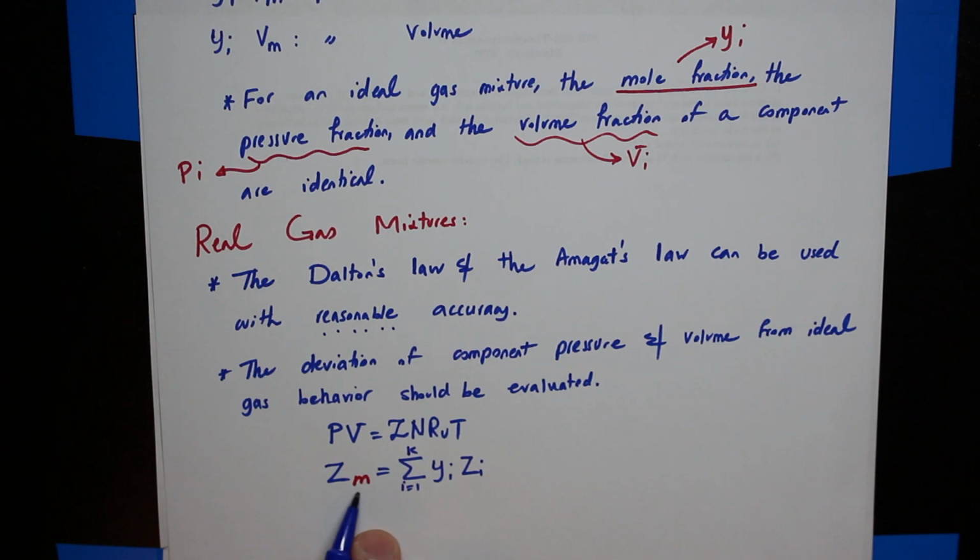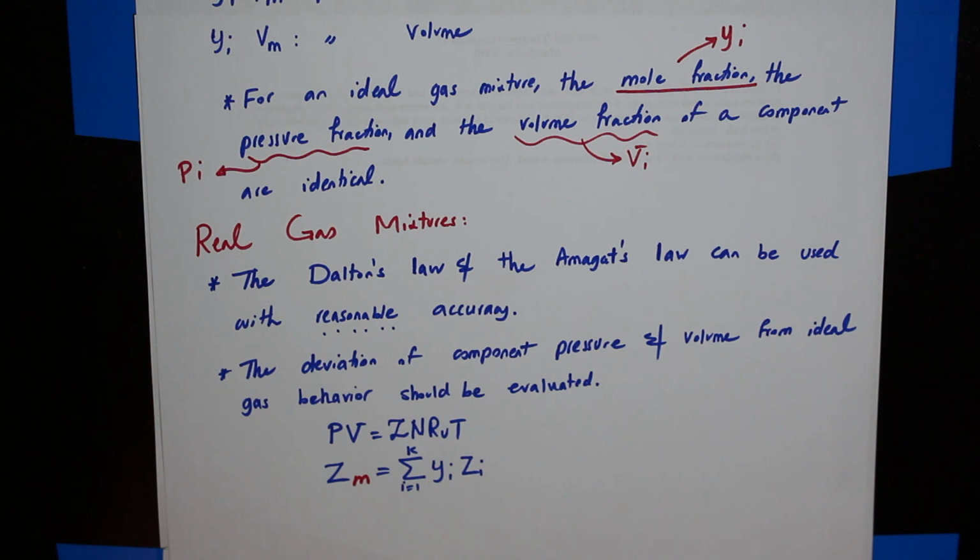Here z_m is the z for the mixture, z_i is the z for each component i, and y_i is the mole fraction. Mole fraction multiplied by the compressibility factor, and if we do that for all components, that will give us z_m, or z for the mixture.